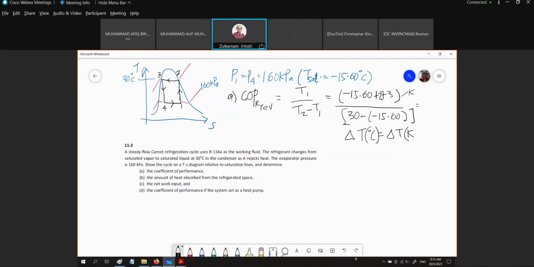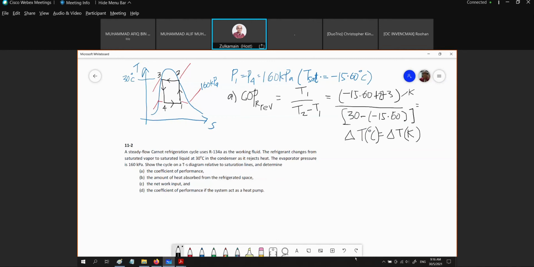That's why right here I don't need to add 273 to the 30, and I also don't need to subtract 15.6 plus 273, because the positive 273 and the negative 273 will cancel off. So I just put the delta here. But for T1 at the top, you need to get it in Kelvin, so you need to add 273.